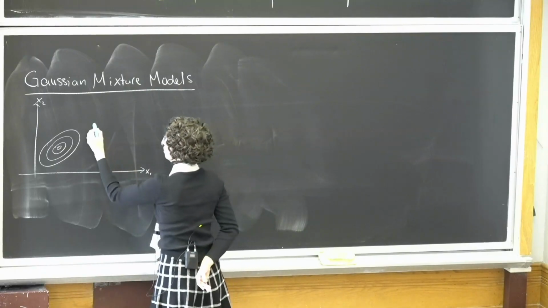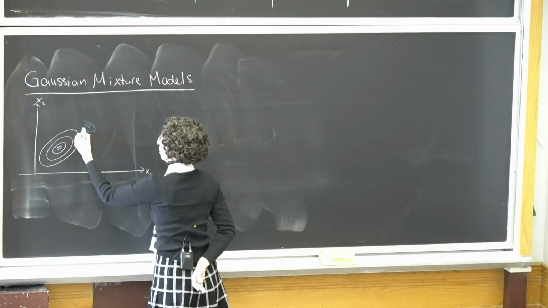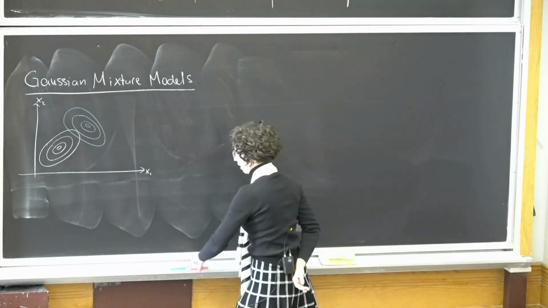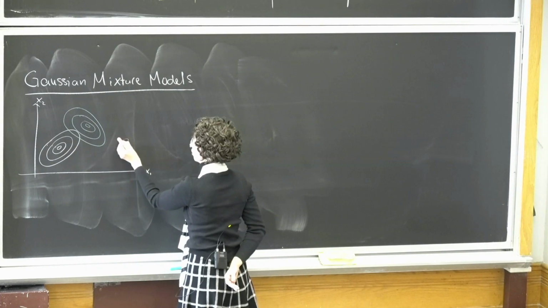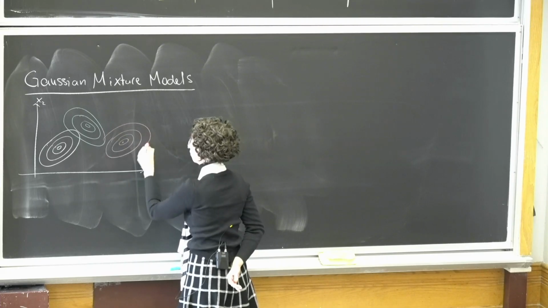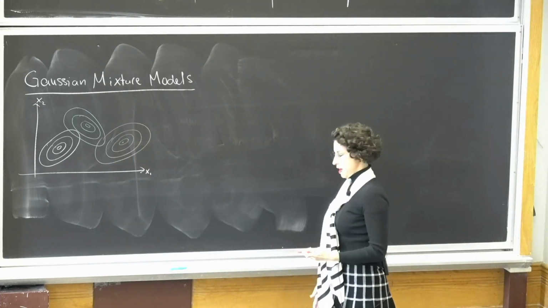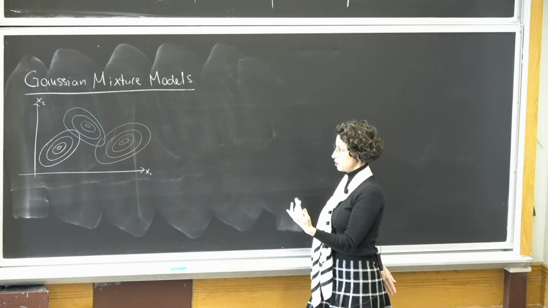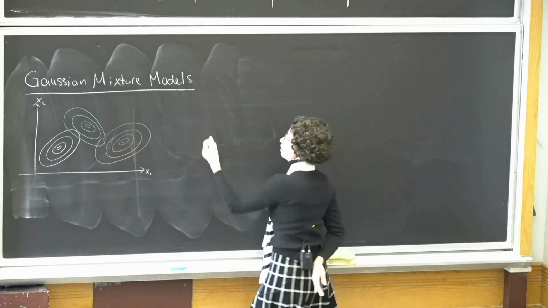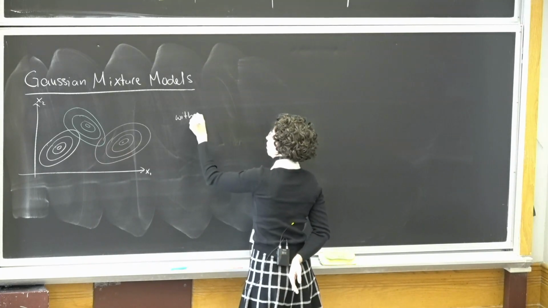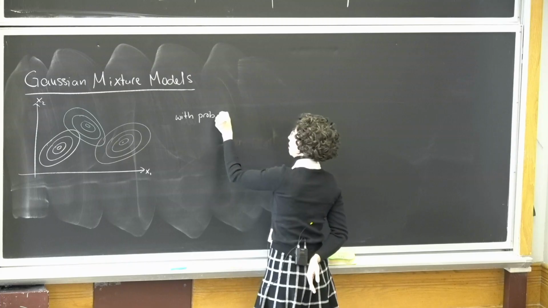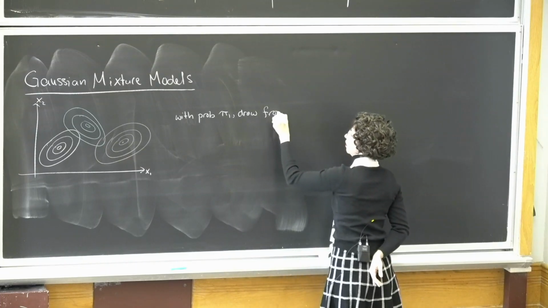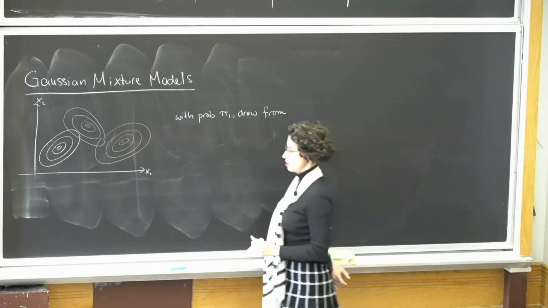And we could also imagine having, let's say here, another Gaussian distribution with contours like that. And maybe over here, here's a third possible Gaussian distribution. So now you could imagine that you're drawing your samples by saying, with probability, let's say, pi 1, we are going to draw from the white distribution.